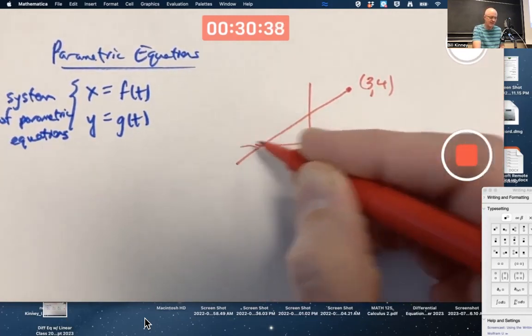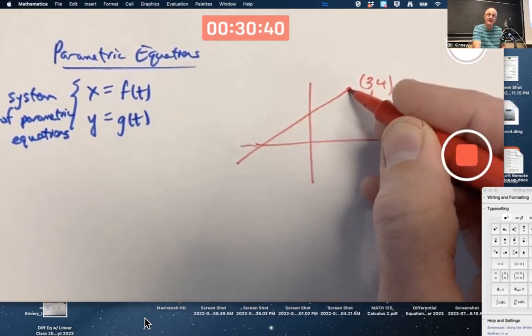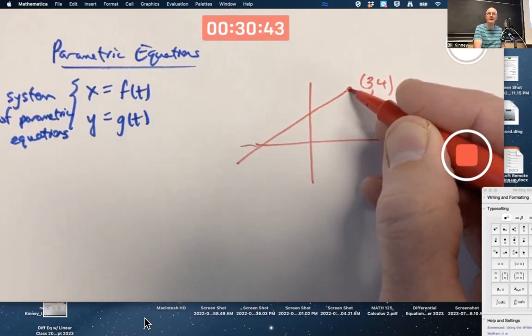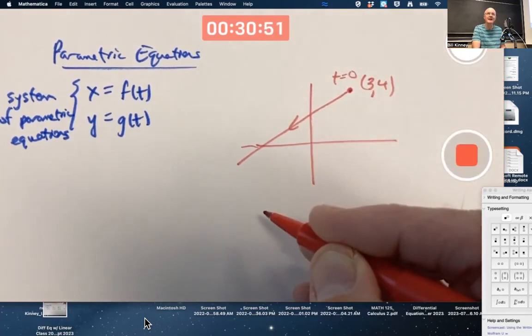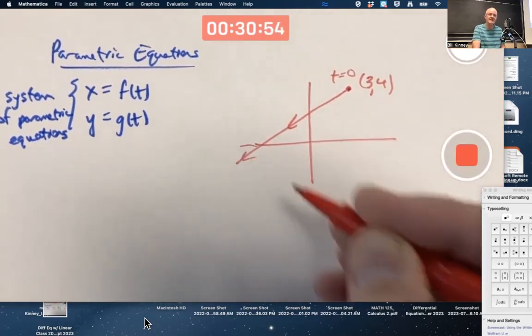As time goes by, imagine maybe it's like a bug starting there. Remember trig bug? Okay, now it's not trig bug, it's straight line bug. Straight line bug starting right here when t equals 0 at time 0 and is traveling left to right at a constant speed.